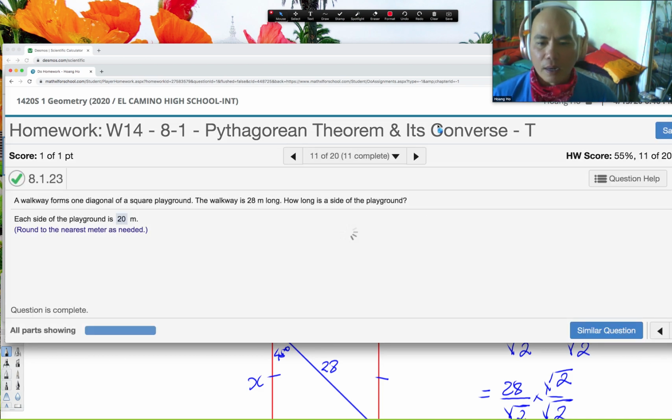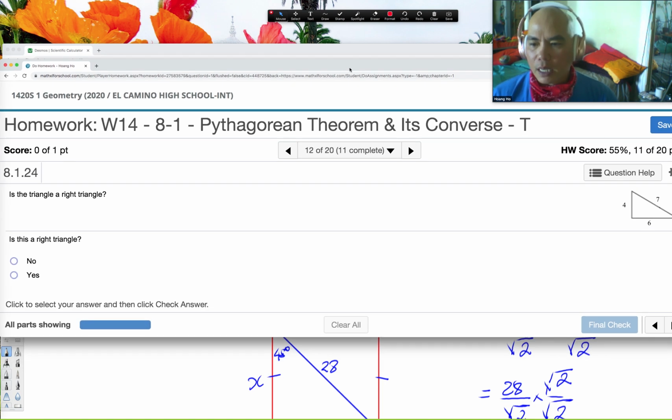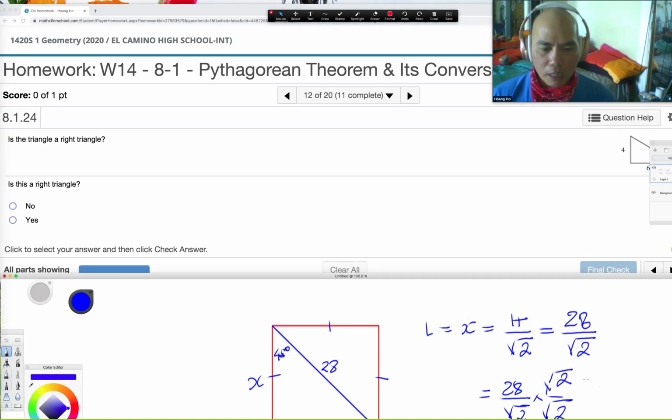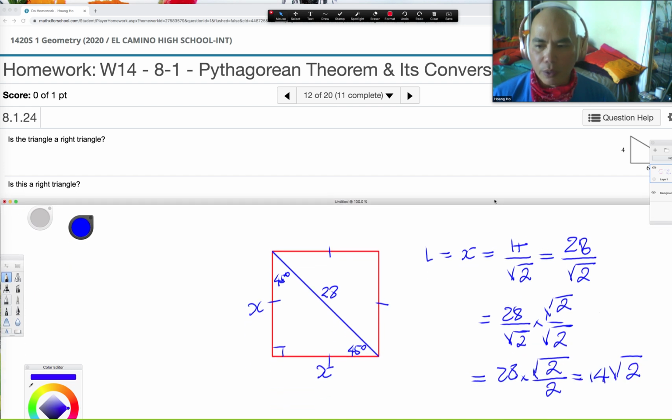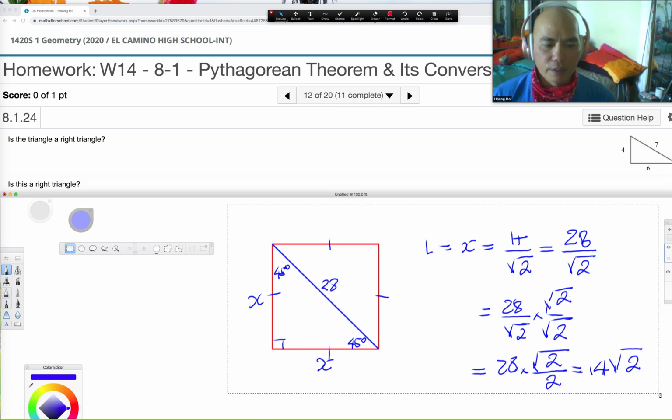Okay. Next question, question 12. Question 12, is the triangle a right triangle? Okay. So if it's a right triangle, you take the hypotenuse. When you square it, it has to be equal to the two legs squared added with each other. So let's get with this for a second.